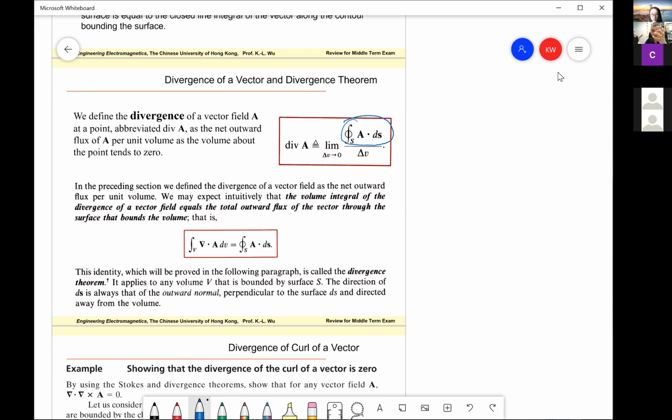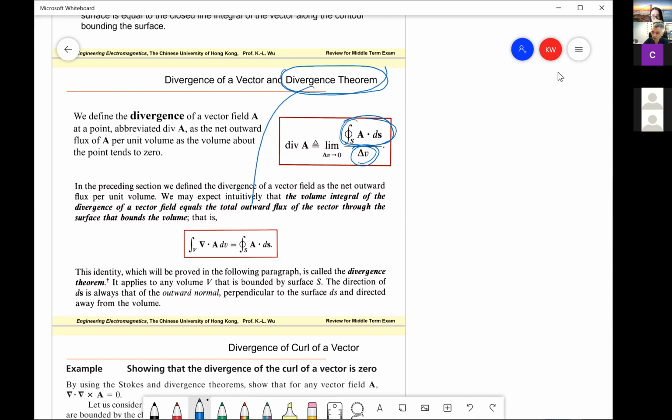Then I let the volume shrink to 0, and divide the total flux by this volume. This is our definition of divergence. When you shrink to 0, this is a property of the vector field at a particular point, in the center of this volume. With this definition, we can also find another very important theorem we call the divergence theorem.